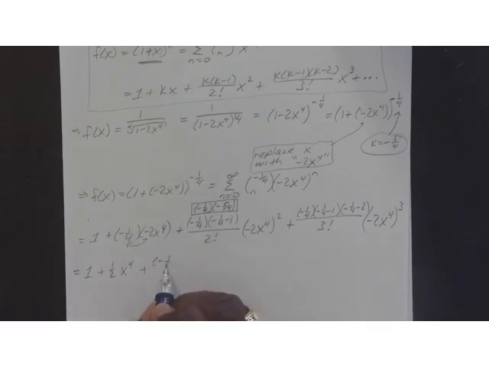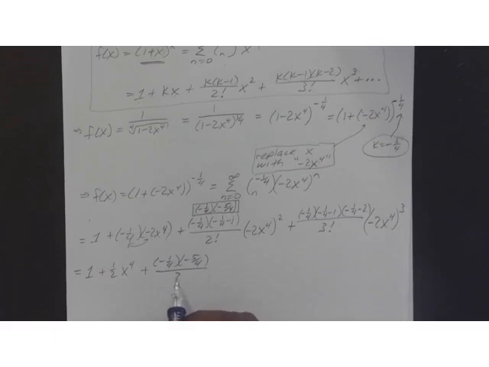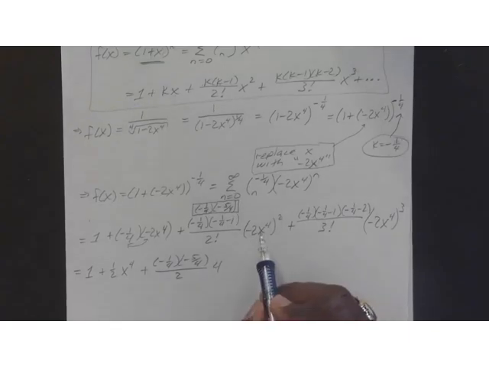Okay, so negative 1/4 times negative 5/4 divided by 2 factorial, or you can just put 2, times negative 2 to the 2nd power is positive 4. And x to the 4th power squared will give us x to the 8th power.